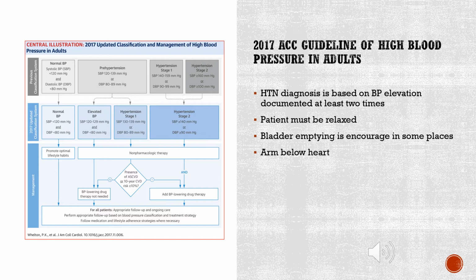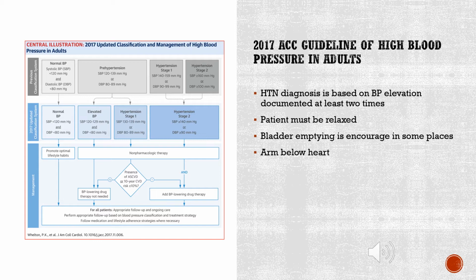For the purpose of this presentation, we're going to be talking about the 2017 hypertension guidelines. There are other guidelines out there, but for the purpose of this case, we are only going to cover 2017. The 2017 guidelines categorize hypertension into 4 different categories, which include normal, elevated, hypertension stage 1, and hypertension stage 2.